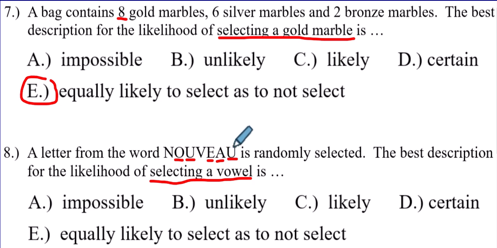A very unique word, the word nouveau. Okay, so 5 of them out of 7. That's definitely more than half. So it's over 50%, but definitely not 100%. We are talking about being likely to occur. It is very likely that you would select a vowel if you're picking one at random, which is what this problem was talking about.